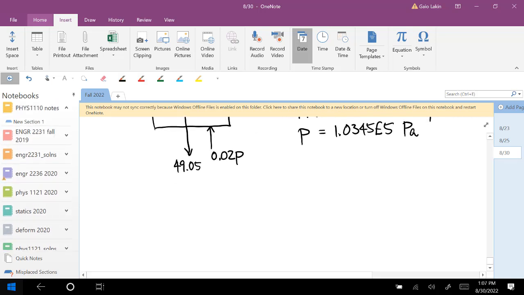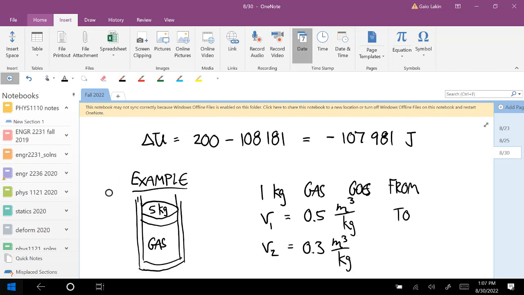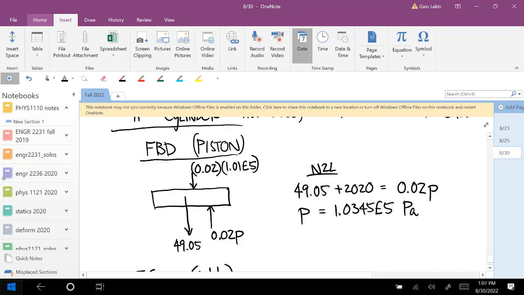Okay, so now that we have that pressure, and that is the pressure at every instant through this process, now we can calculate the work. So the work is the integral from the first volume to the second volume. Before we do that, we need to calculate what those volumes are, because you need to use the extensive volume in that integral. So volume 1 is equal to the mass, 0.1 kilogram. Oh, here I said 1 kilogram. Here I said 0.1.